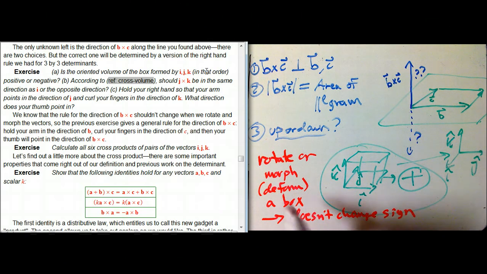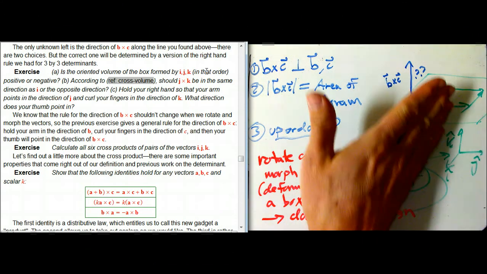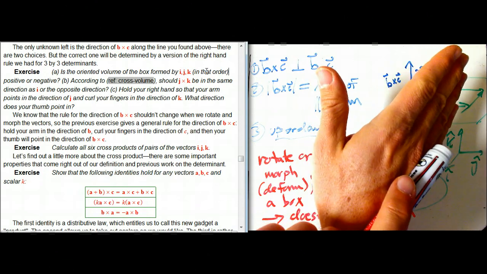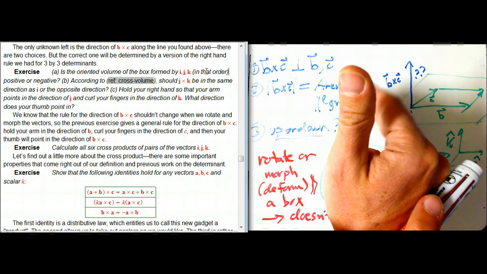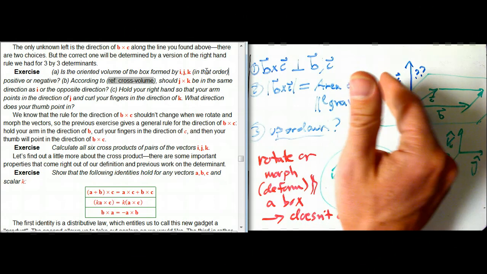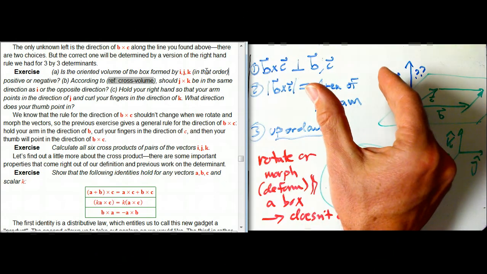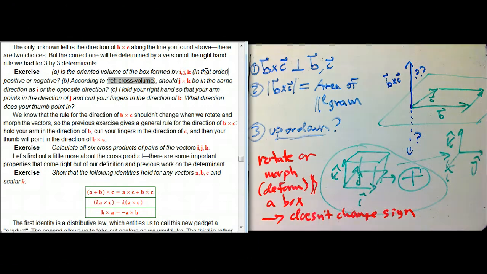Okay, but that doesn't count as just a nice little deformation. Okay, so that leads to a right-hand rule for all boxes. It's that if your right hand is the first vector that forms the box, and your fingers go in whatever direction of the second vector that forms the box, and your thumb is going in the third direction, that should be a positive box. Well, that's easy to turn into a right-hand rule for cross products.